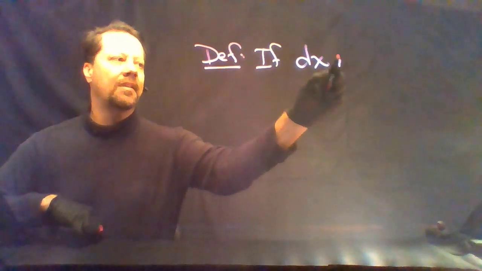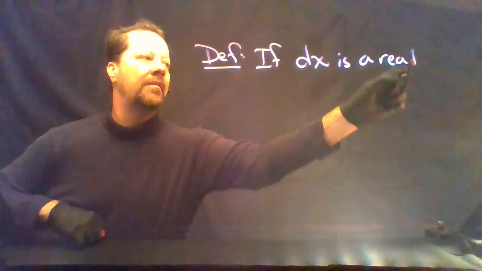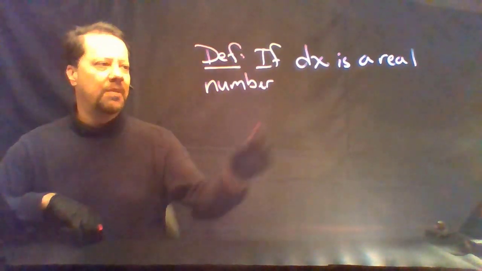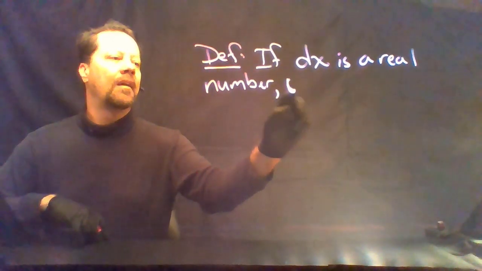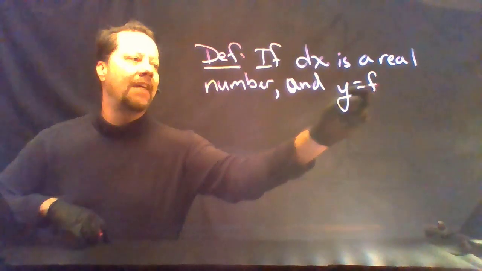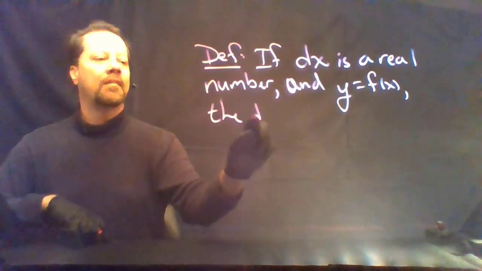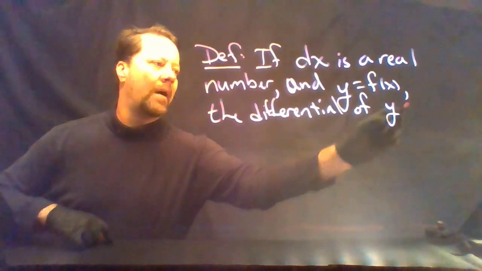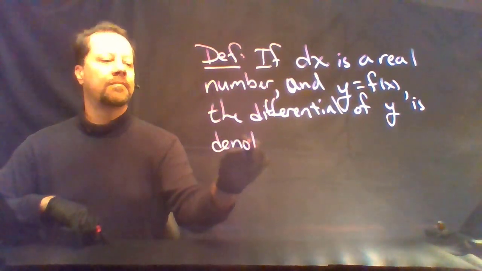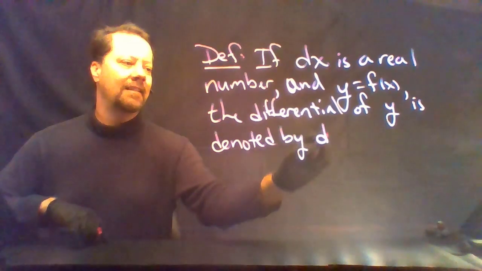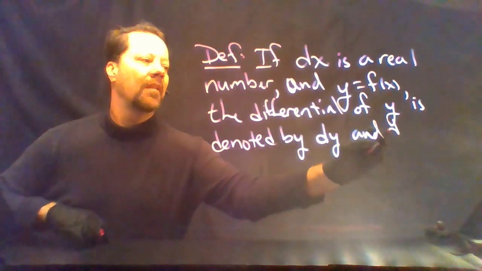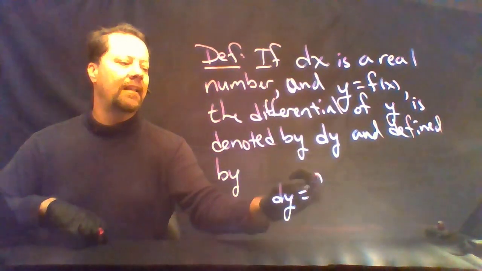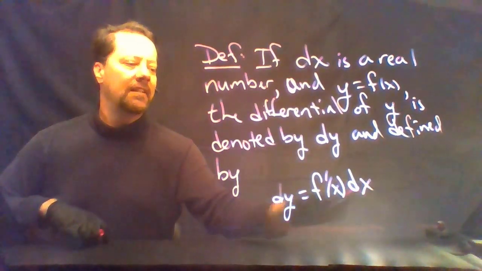If dx is a real number, usually a small real number, and let's suppose y is equal to f of x, the differential of y is denoted by dy and defined by dy equals f prime of x dx.